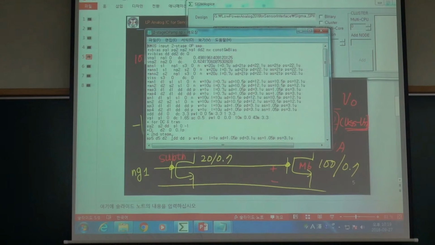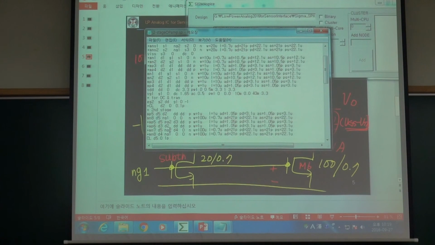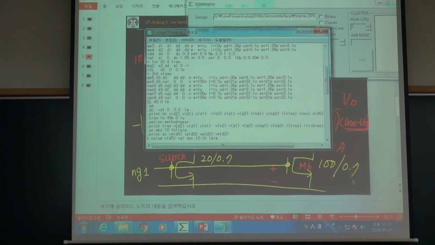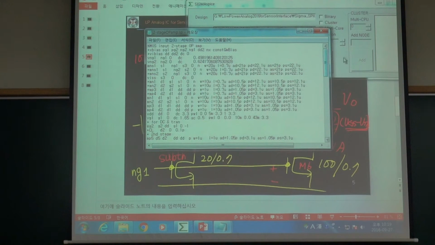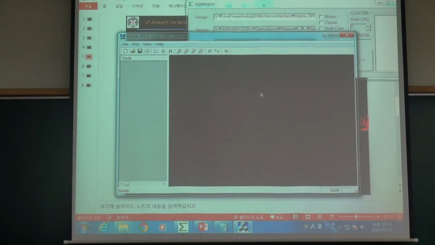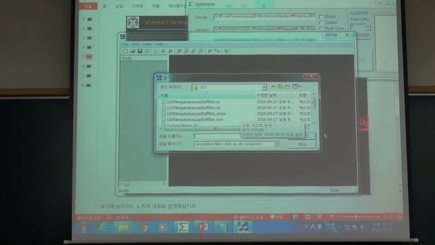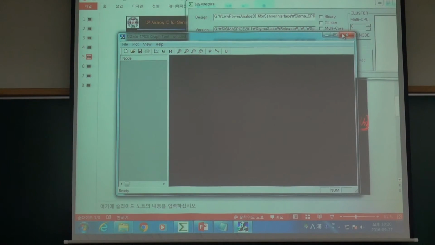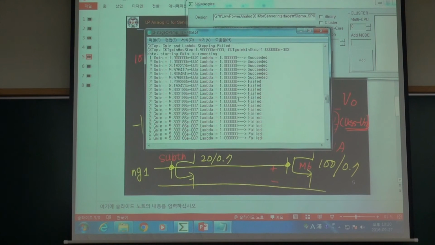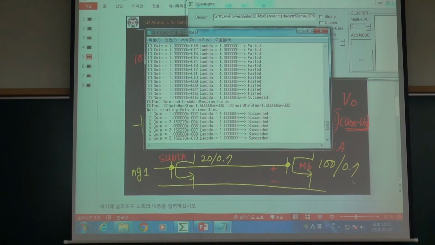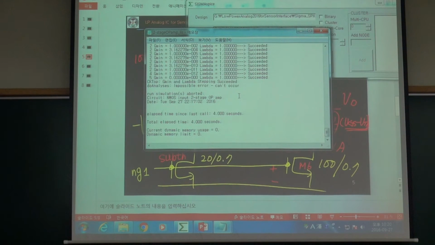There's some problem here, and the run simulation aborted.